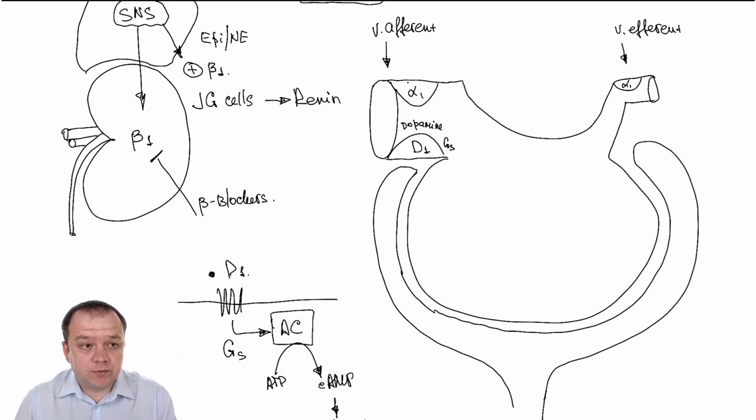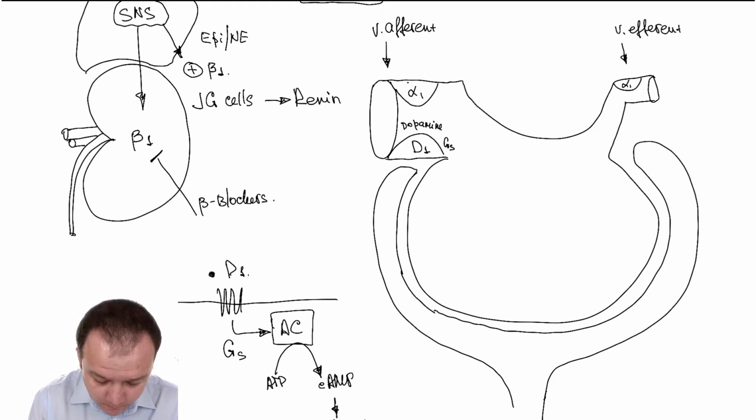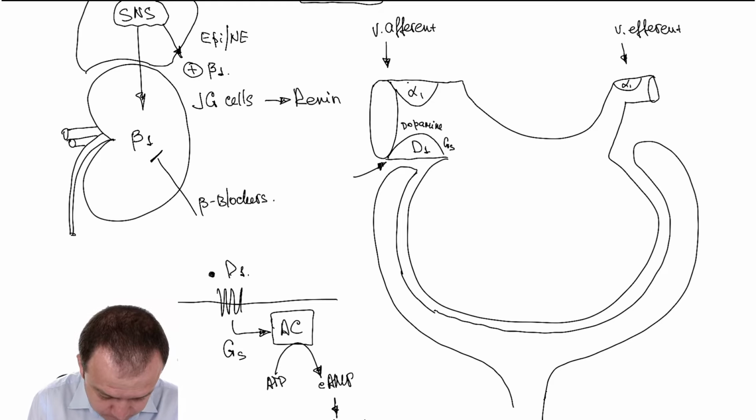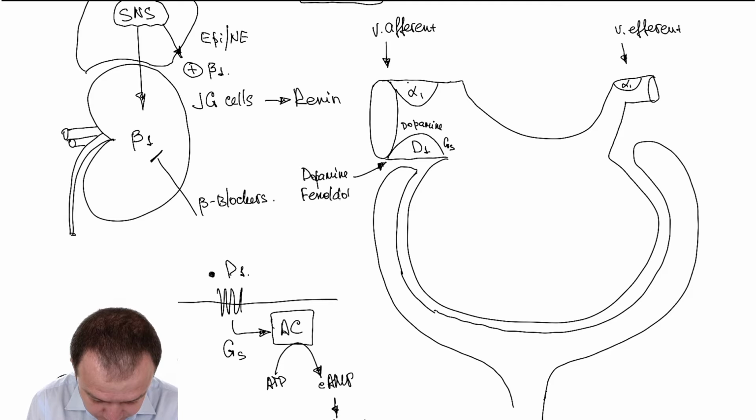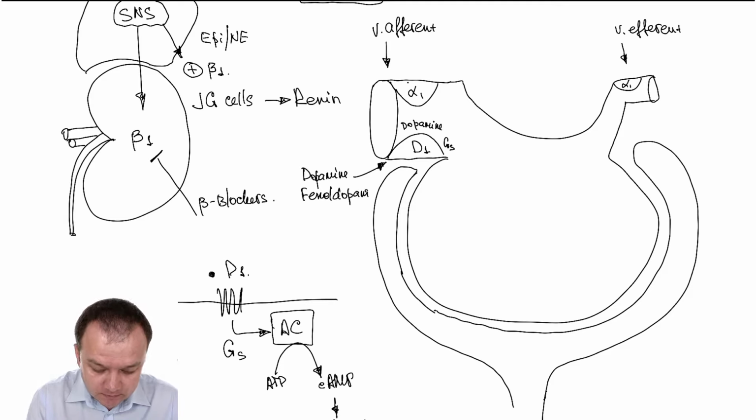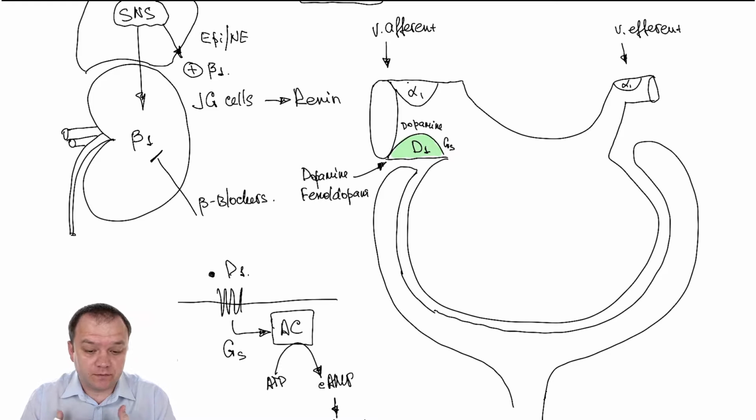Two important medications we should keep in mind: dopamine, of course, and another one, fenoldopam. So fenoldopam and dopamine stimulate dopaminergic receptors, and as a result we have dilation of afferent arterioles, and they are used in order to improve patient condition in case of shock of different etiology, a cardiogenic shock or another one.